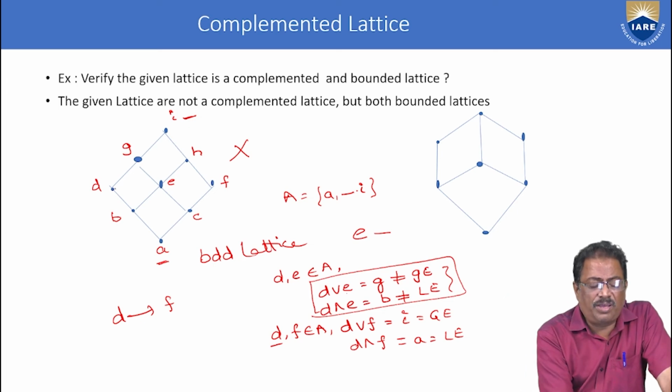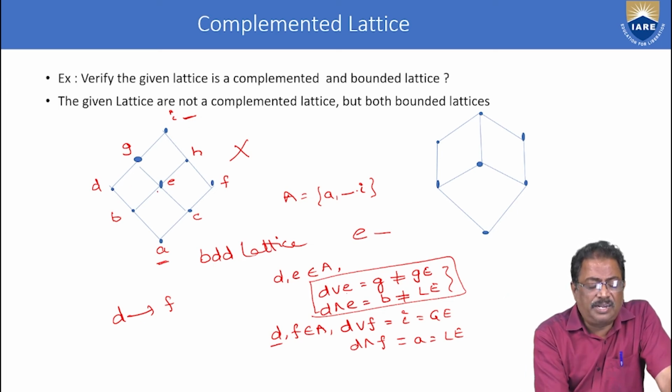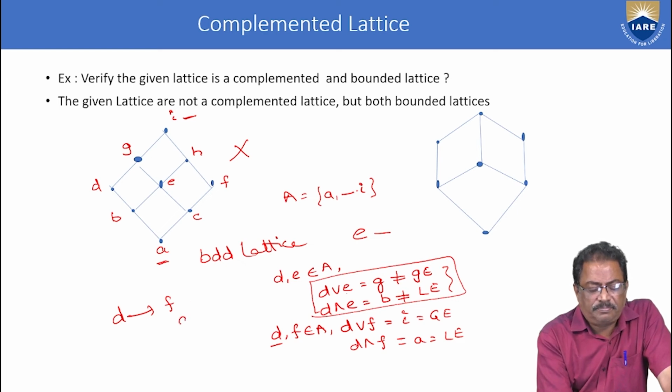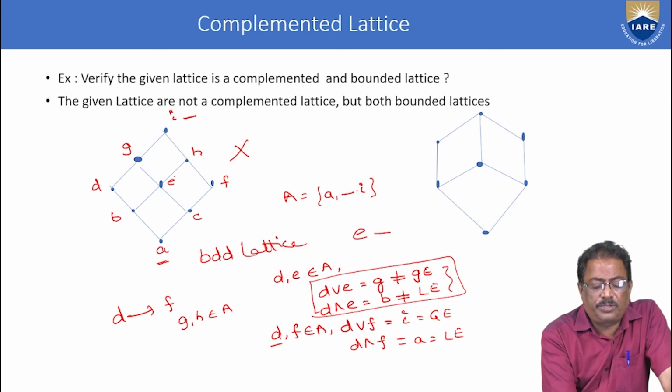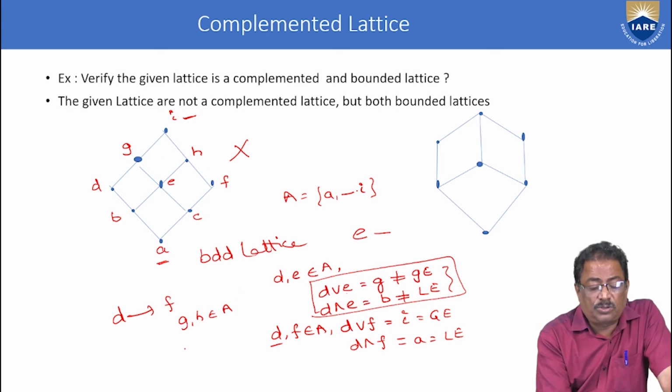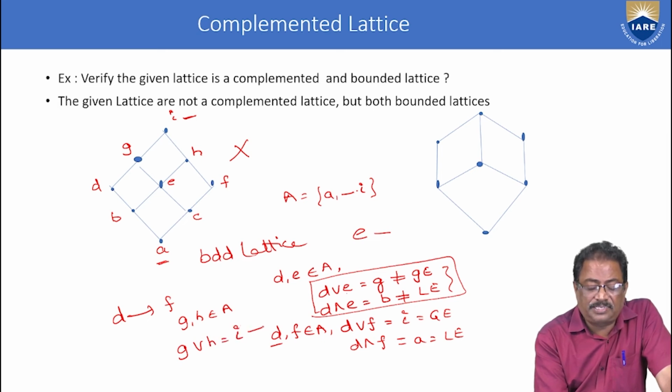In another way also, I am considering G, H belonging to A. What are the upper bounds of G, H? I am taking I, the greatest element.